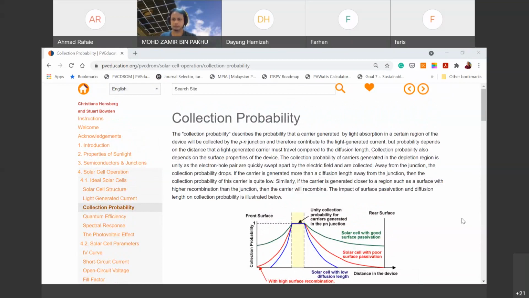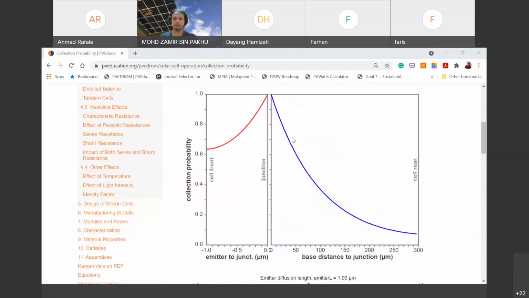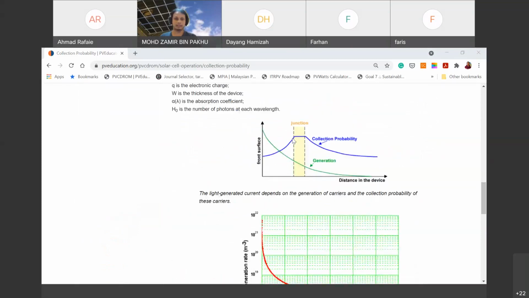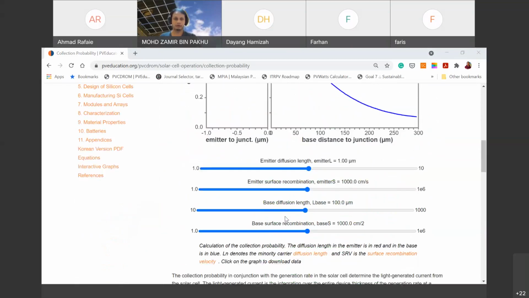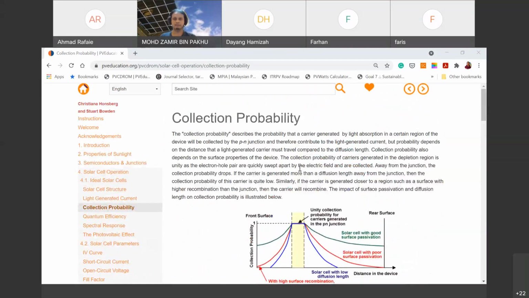It's just that the contents are more tailored to solar cells. We've covered most of the items discussed on this page. For example, you can see this collection probability.